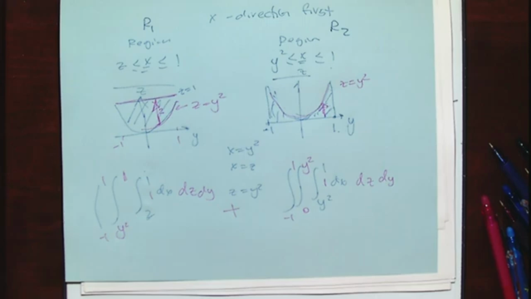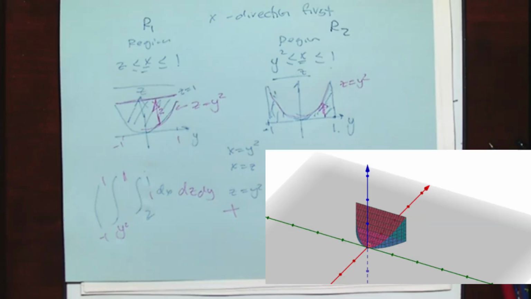Before rotation, blue is the cylinder, and then the purple is a plane. The red or purple. Red. So the red is the plane.